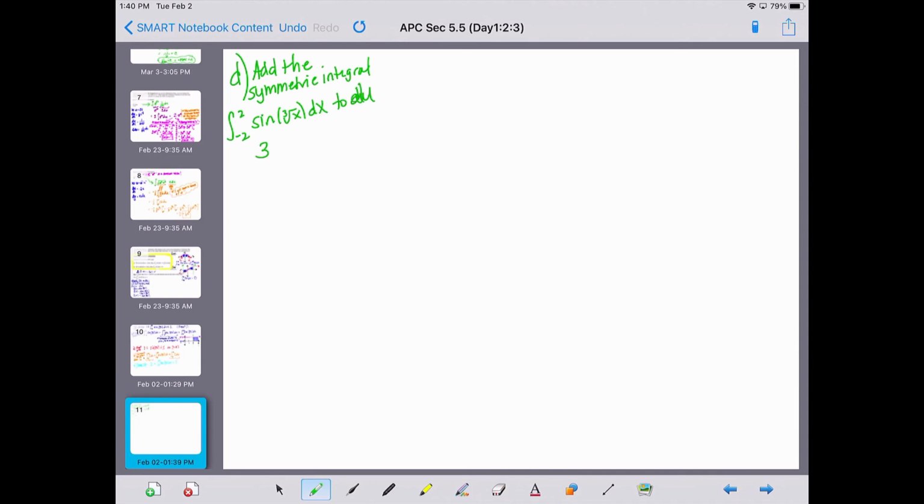Oops, all 3 sections. Okay, so when I do that, sorry, this is going to be a little smushed here.